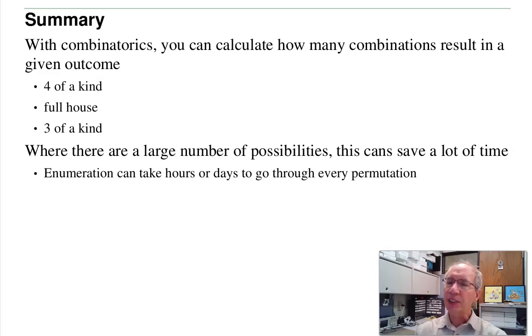Where combinatorics is nice is when there's a huge number of possibilities and enumeration just takes too long to go through. Combinatorics is a way to get the answer, and you should get exactly the same results, but you just calculate it. It takes just a few milliseconds rather than hours. And that's lecture number 4 for ECE 341, Random Processes, Combinatorics.